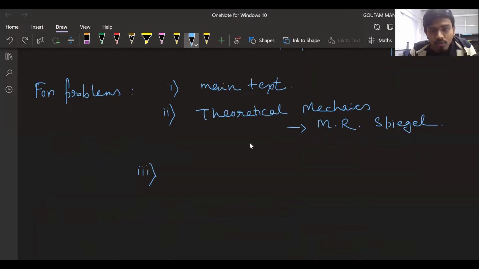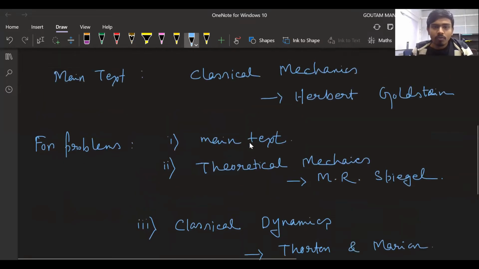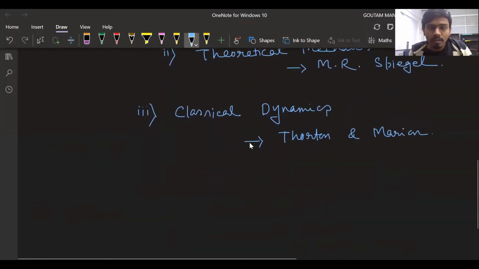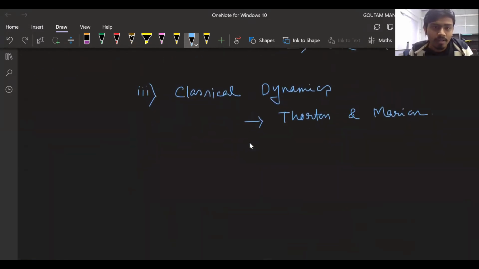There is another very good book for problems and exercises, that is Classical Dynamics by Thornton and Marion. So for theory, I will thoroughly follow the book of Herbert Goldstein, and there are a few other books which I like, but I will not follow them, but you can read them if you have some extra time.